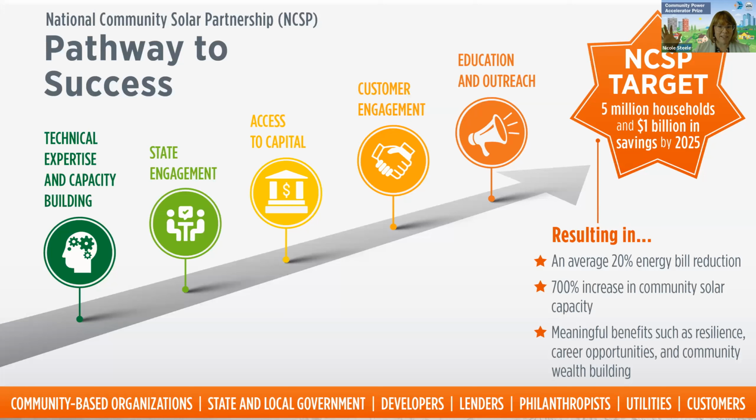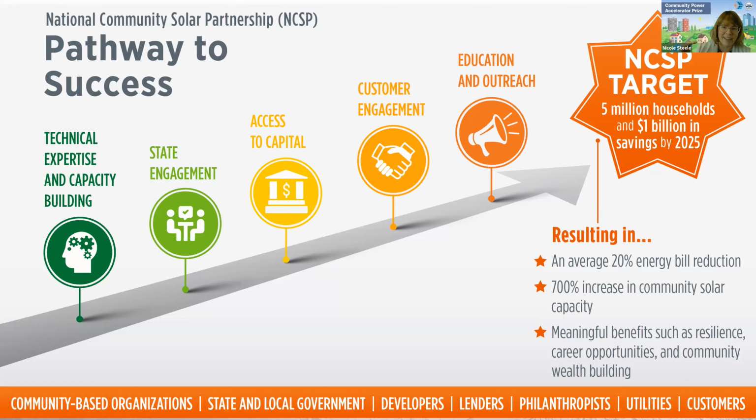Again, giving some context on how we got to the development of the accelerator and the prize itself. The National Community Solar Partnership has been around since 2016, funded in 2019, and really set this new goal for the organization back in 2021 to ensure that there's enough community solar in the United States to power the equivalent of 5 million households with $1 billion in savings, all by 2025.